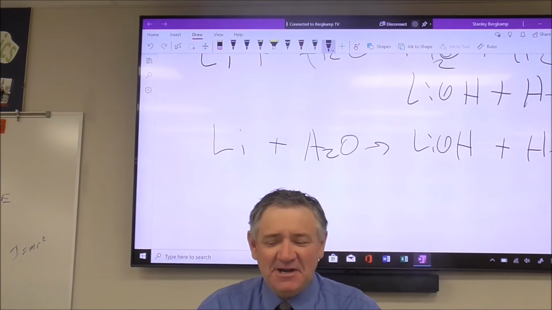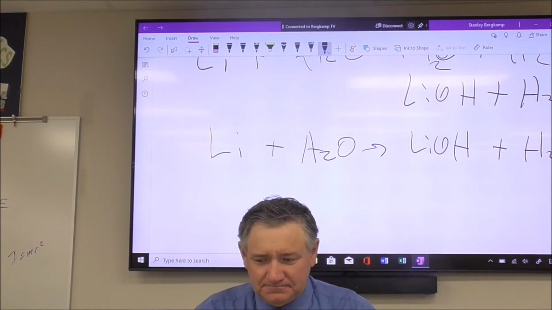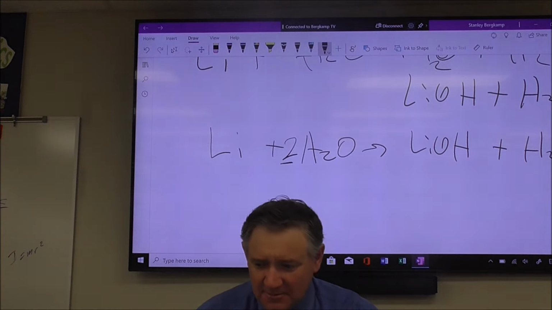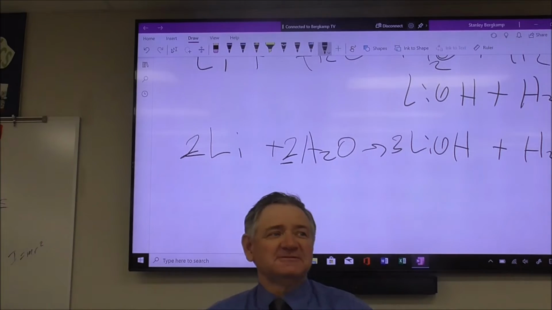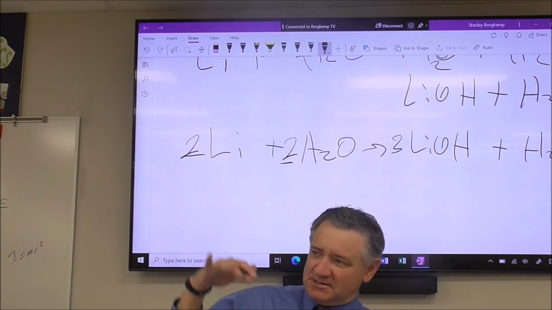How many hydrogens do I have on the right side? We got 3 on the right and 2 on the left, so we need to put a 2 in front of the water, and then put a 2 in front of the lithium hydroxide, and then put a 2 in front of the lithium. Oh, how cool is that? It's nice, right? Okay? So now it's balanced.